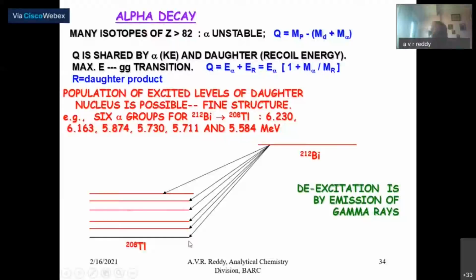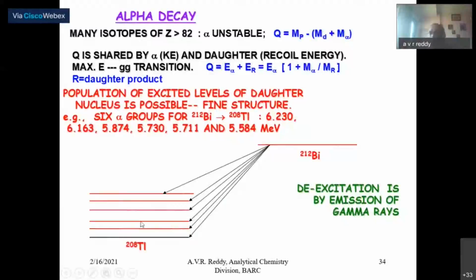And that value is what we relate in this equation, whereas the remaining alpha particle kinetic energies correspond to populating the excited states of 208 thallium. Here, one important point is, if you measure the alpha decay energies, you will be in a position to find out the nuclear structure of this daughter product.